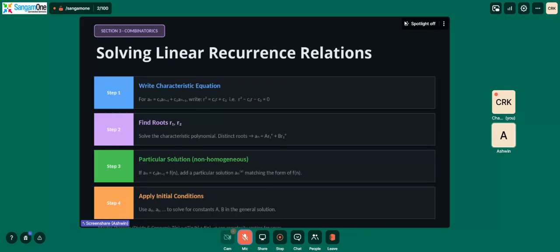How to solve a linear recurrence relation? Please note it down. This is the detailed explanation, but in the shortcut method you should require these formulas and all.